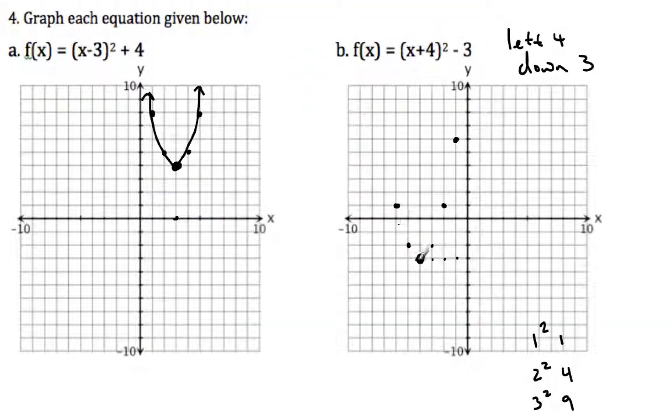From this dot over 1, 2, 3, and now up 9. There's our graph. We'll connect those dots in this curved pattern, just like that.